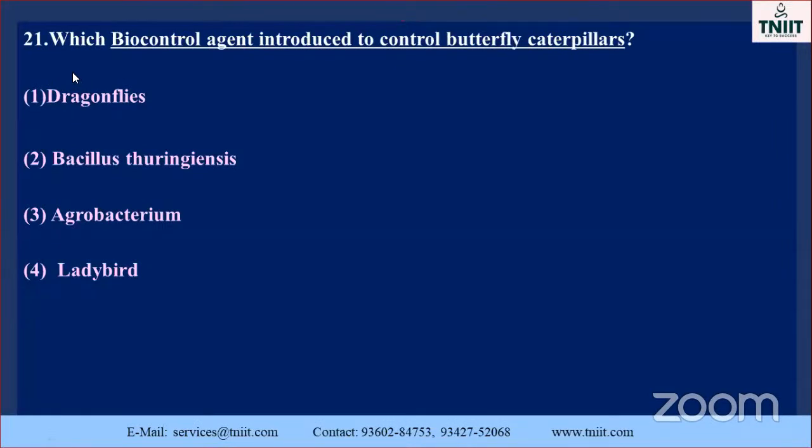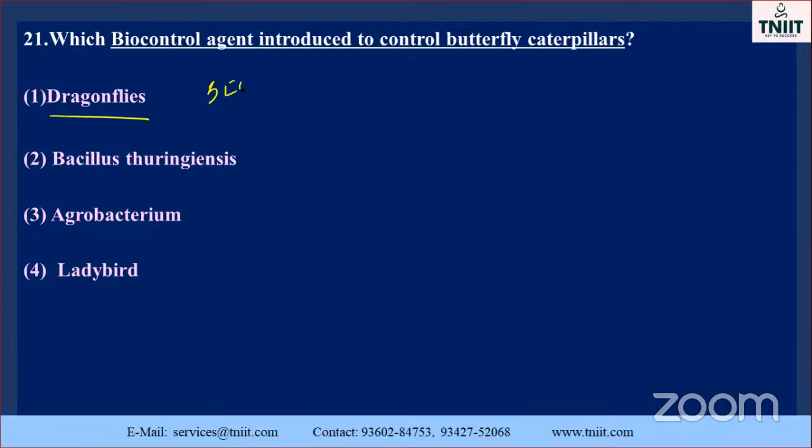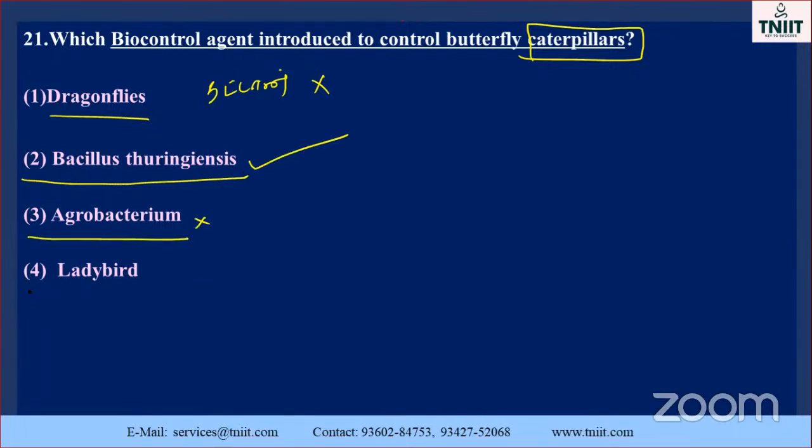What about the 21st? Which biocontrol agent is introduced to control butterfly caterpillars? Already you know about this. Dragonflies, in Tamil we may call it Tattan, it is not the one for caterpillars. Bacillus thuringiensis is the correct one. Agrobacterium will not come.